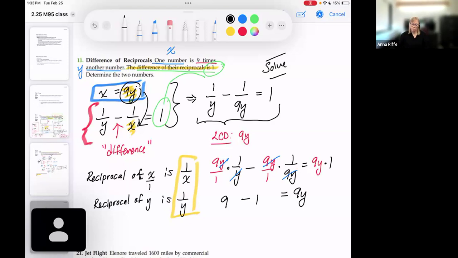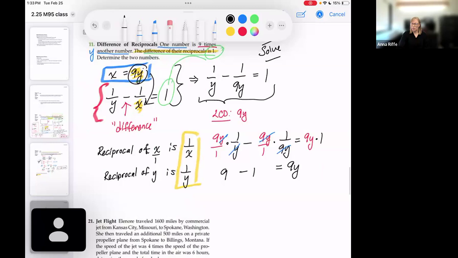So we've gotten rid of our fractions. I can now simplify this. 9 minus 1 is 8. 9 times y is 9y. To solve for y, one of my numbers, I'm going to divide by 9. So that gives me 8/9 is equal to one of my numbers, that number being y.